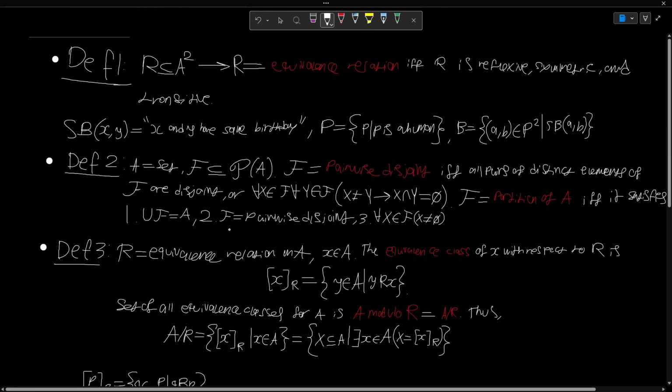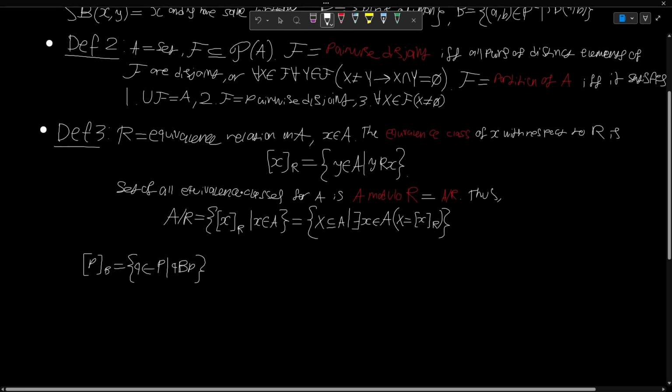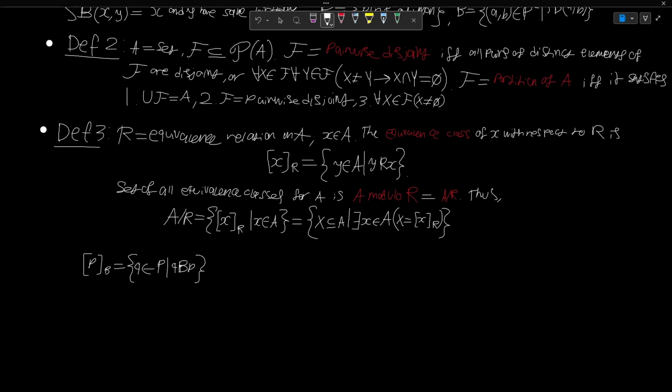So in the case of the same birthday example we did earlier with this relation B, the equivalence class for any person P in the set of all humans would be the set of all Q in the set of humans such that Q has the same birthday as P. So for example, if we have James here, whose birthday is January 1st, then his equivalence class with respect to B would be the set of all people whose birthday is January 1st.